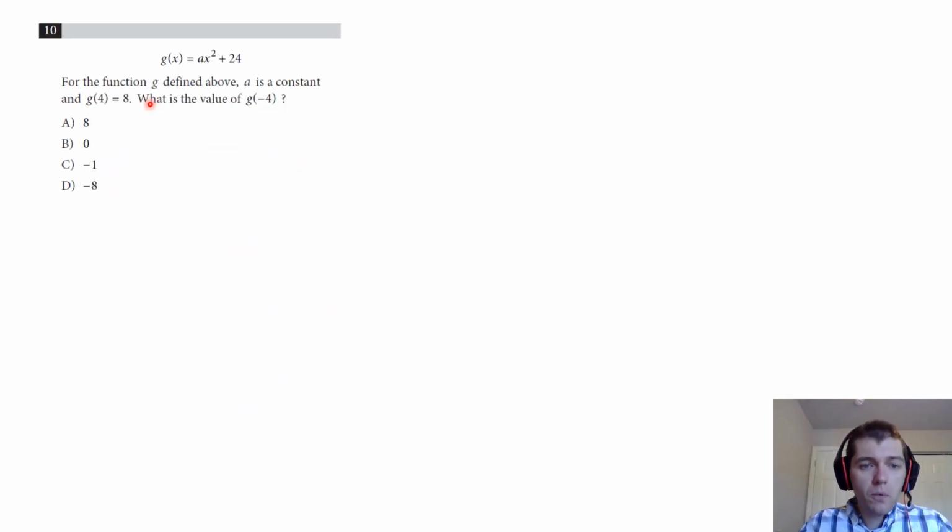Problem 10. What they're asking for is the value of this function here when x is equal to negative 4. And recognize what they're really giving you is a system of equations, because for the same function they're giving you when x is equal to 4, g of x is equal to 8. So we can write this as a system of equations. First, use the one that they have all the numbers given for you.